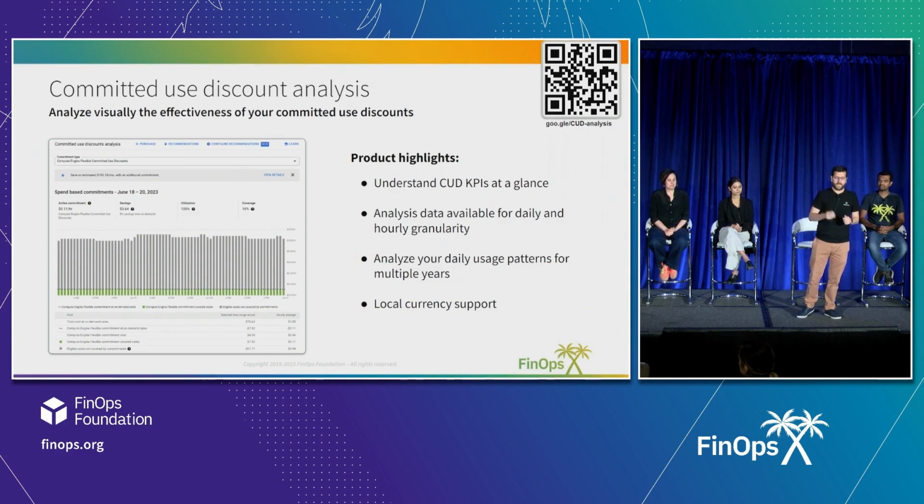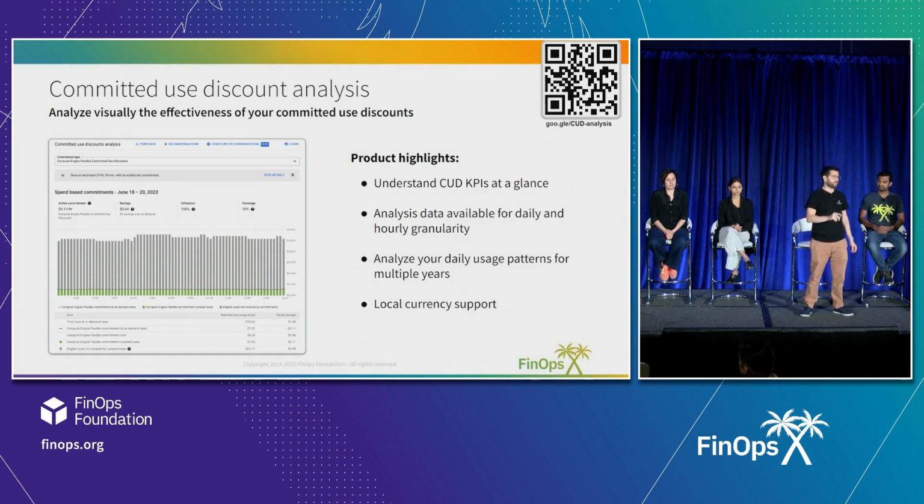Now, with this tool, we also offer hourly granularity, because perhaps during the day you have spiky behavior, and that's very difficult to spot in averages. So you go to the filter view, you select hourly granularity of your data, and then you will be able to see those spiky behaviors and optimize even further.